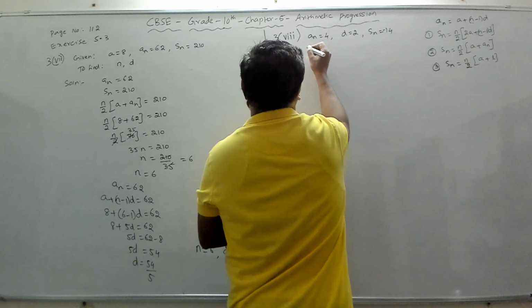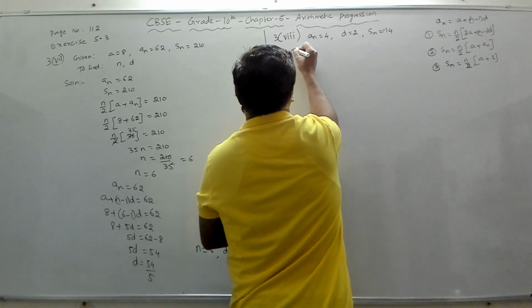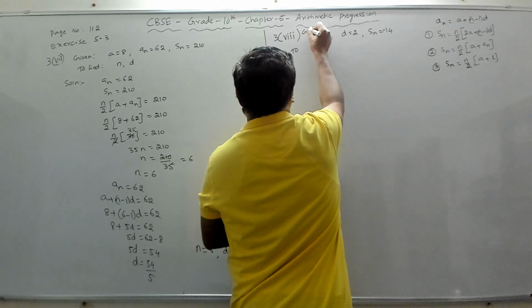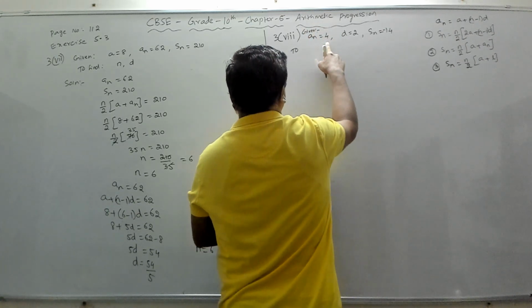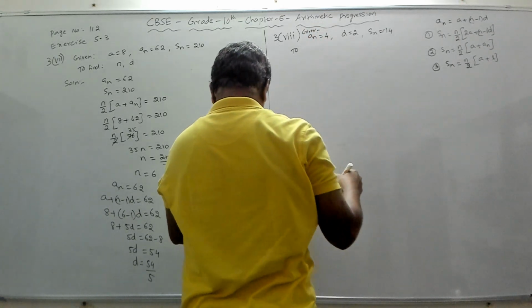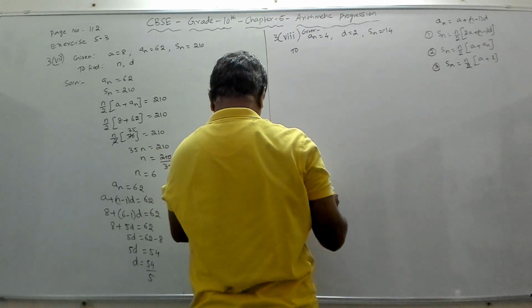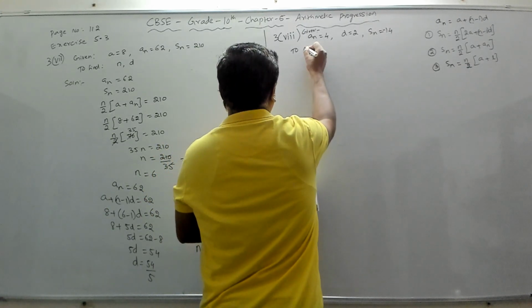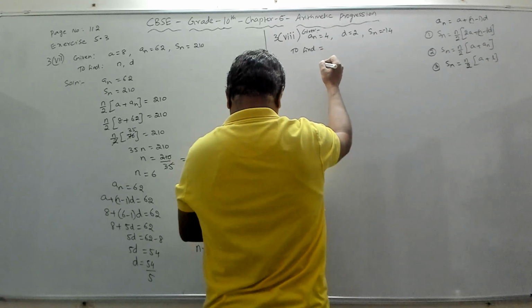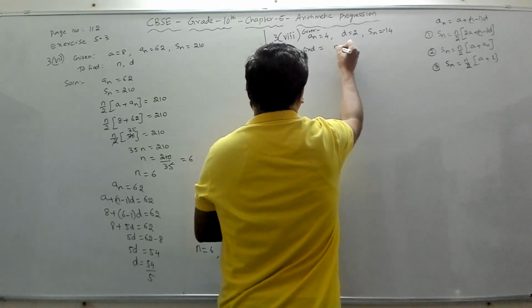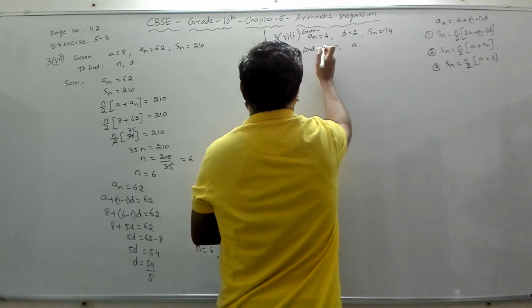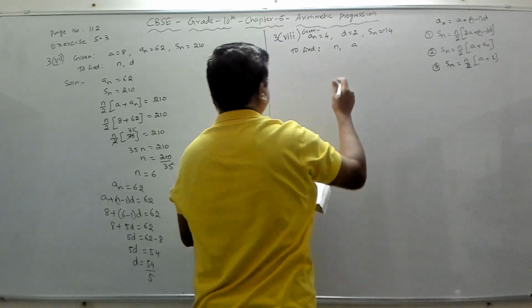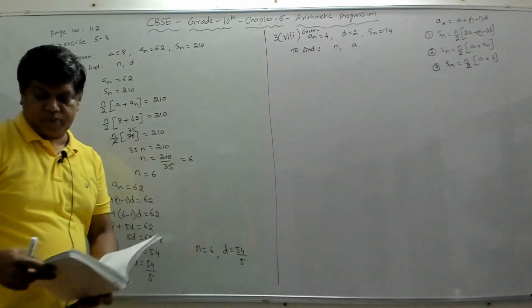We have to find n and a. So this is given: an is 4, d is 2, Sn is minus 14, and we have to find n and a.